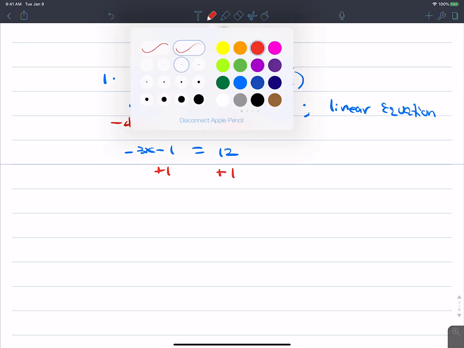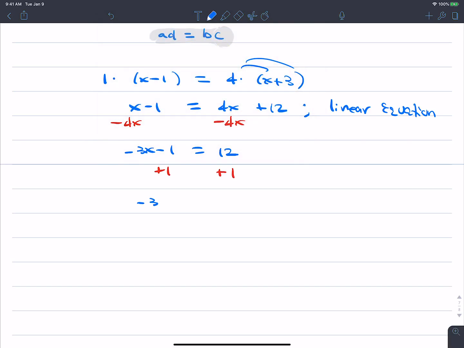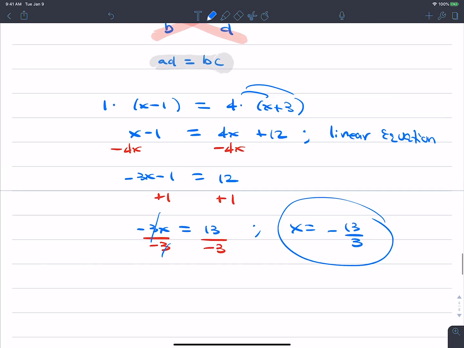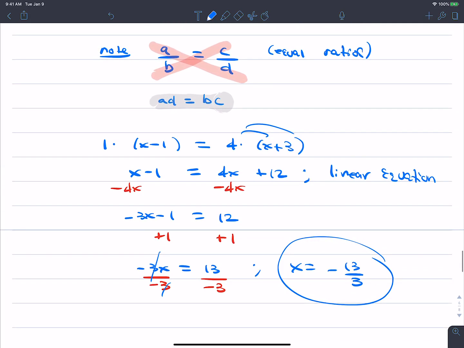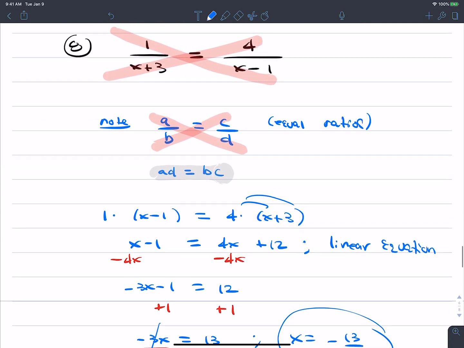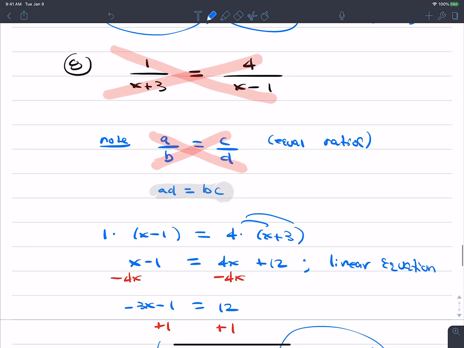Add 1, and you end up with negative 3x is 13. You're going to divide both sides now by negative 3. Cancel. You get x is negative 13/3. So this is how we solve number 8.